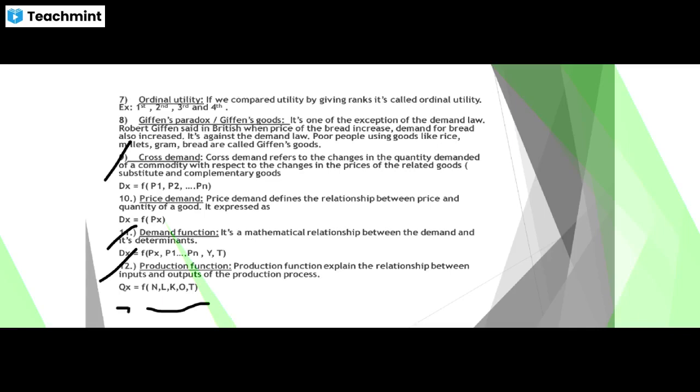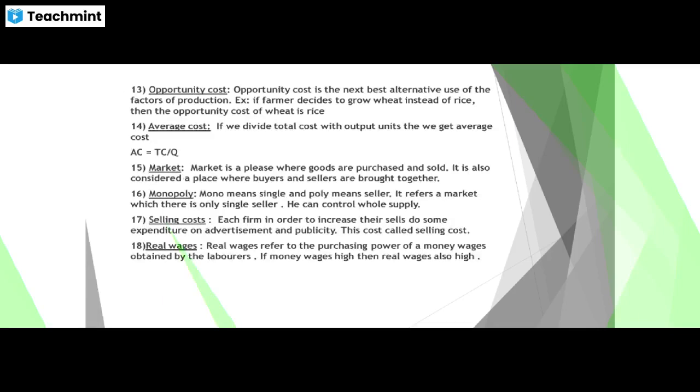Okay. So if you see the next one, 13th one, opportunity cost. Opportunity cost is the next best alternative use of factors of production. So next best alternative use. That means if you are a laborer, what is your next best alternative use?